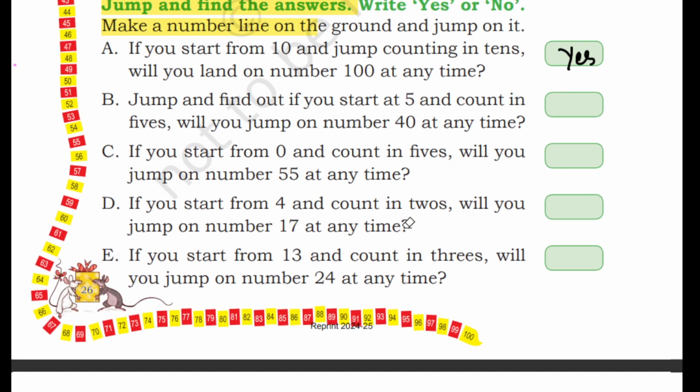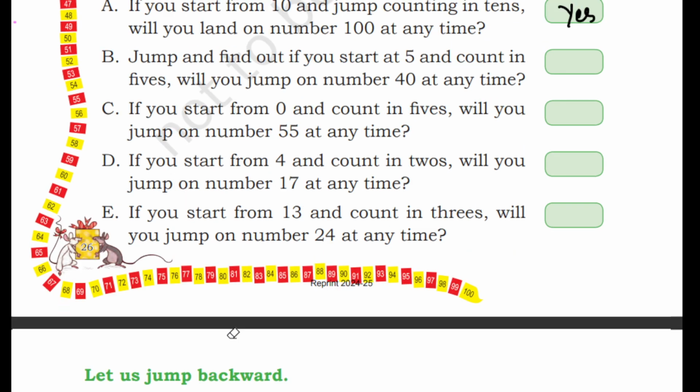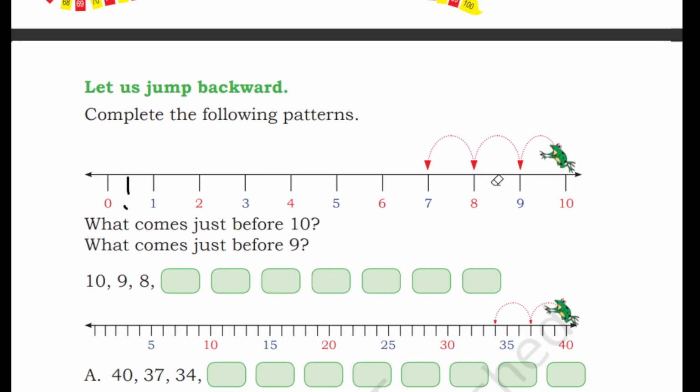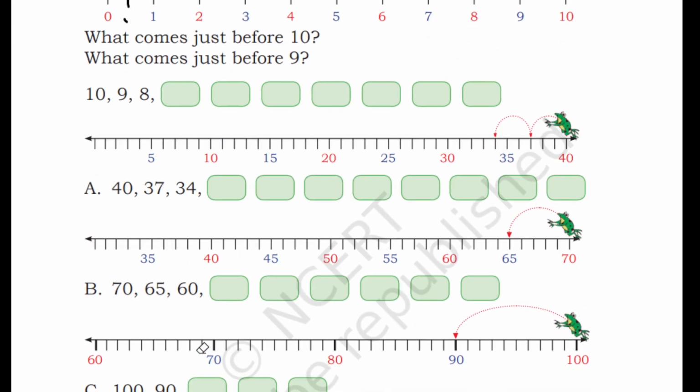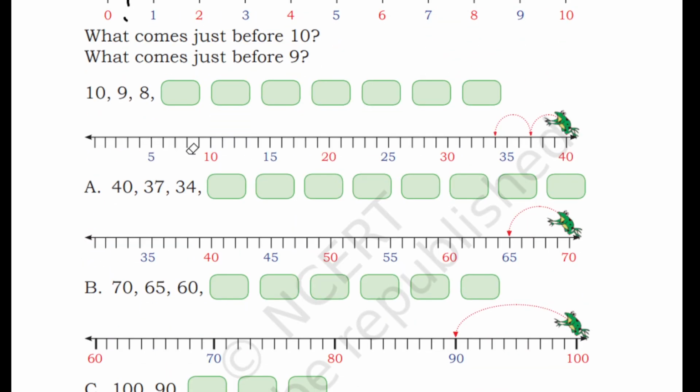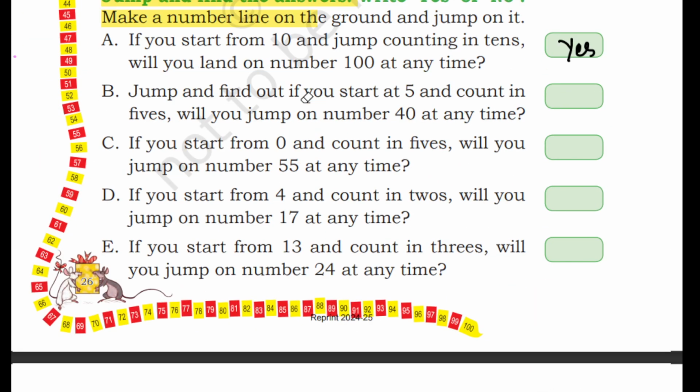So the next question, jump and find out if you start from 5 and count in fives, will you jump on number 40? So if you start at 5, so let's write the number here. Okay. So here, if you see this one, it has number 5, 10, 15, 20, 25, 30, 35, 40. So what is the question they are asking?